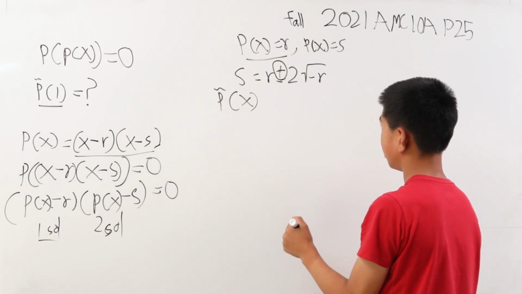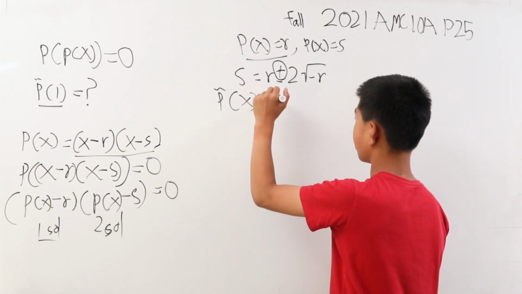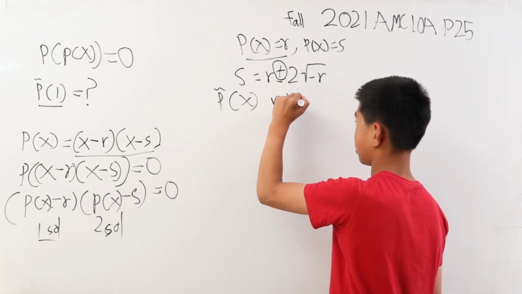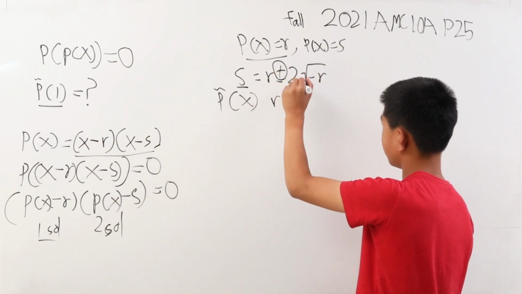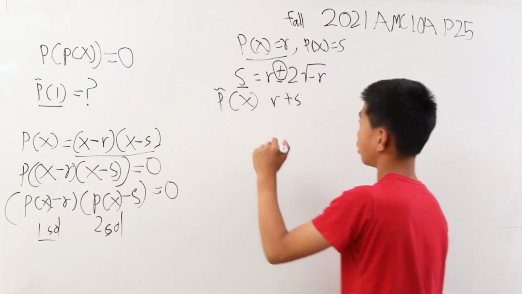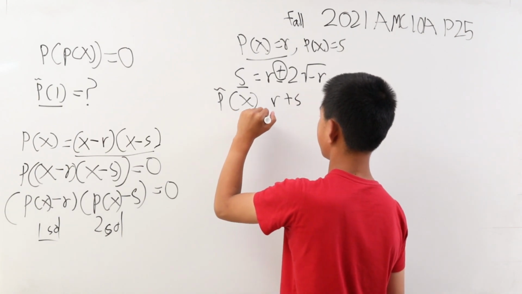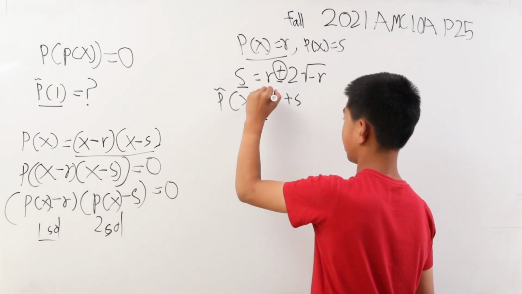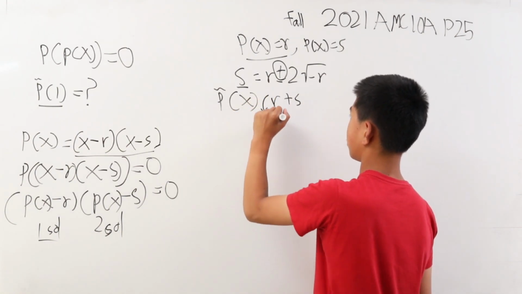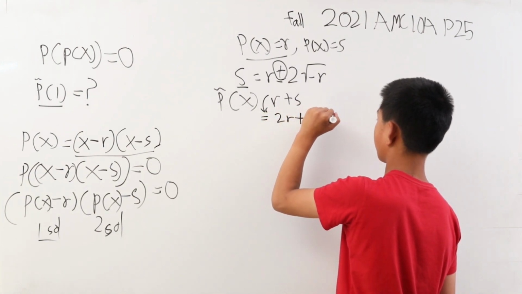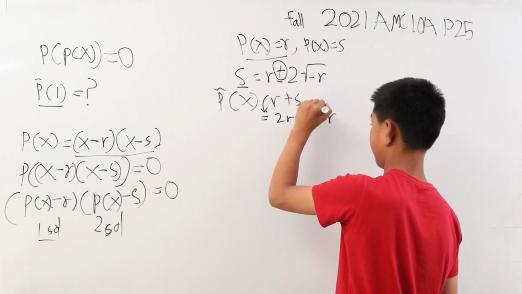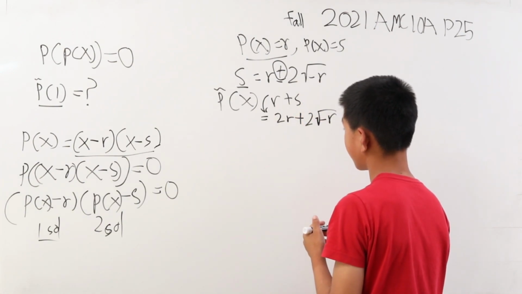And remember, we want the sum of the roots, so this is r plus s. We know that s is equal to r plus 2 times the square root of negative r. So this is really 2r plus 2 times the square root of negative r. Okay, that's pretty straightforward.